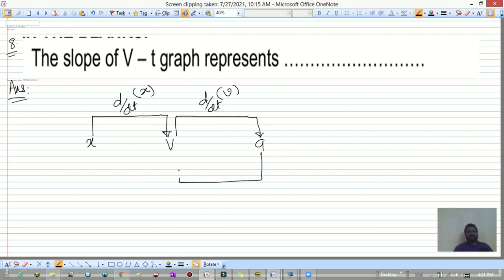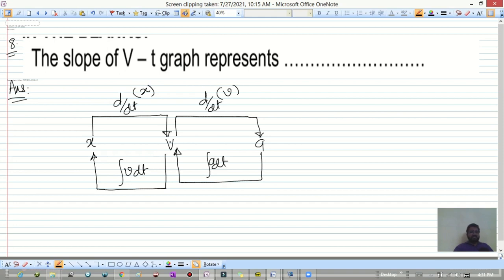If you integrate acceleration with time, you will get velocity, and if you integrate velocity with time, you will get the position. So this is the change in velocity actually, but as of now just remember this: differentiation is nothing but the slope. So you can say slope of xt graph gives velocity.